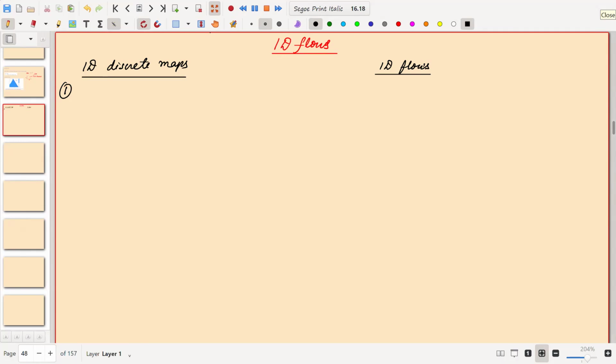First, in 1D maps we learned about fixed points. Suppose you have a one-dimensional map x_{n+1} = f(x_n), where f is the rule associated with the dynamical system. What is the definition of a fixed point?